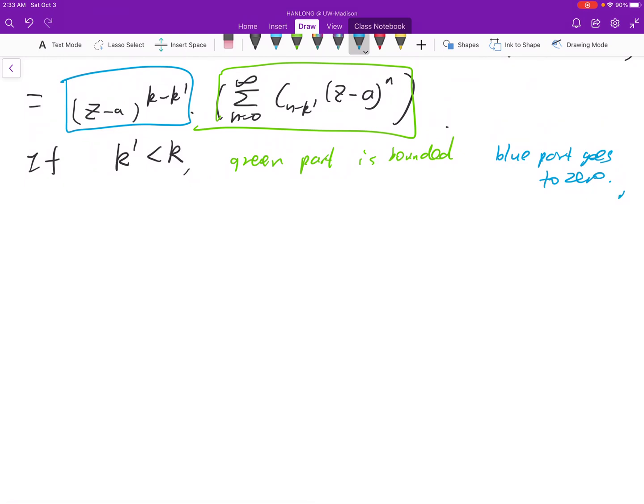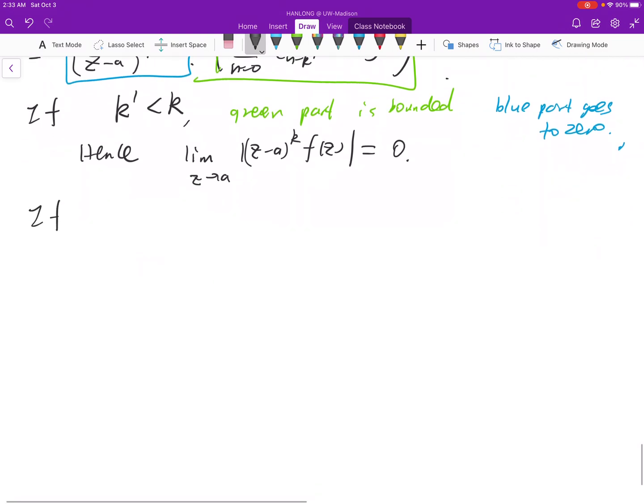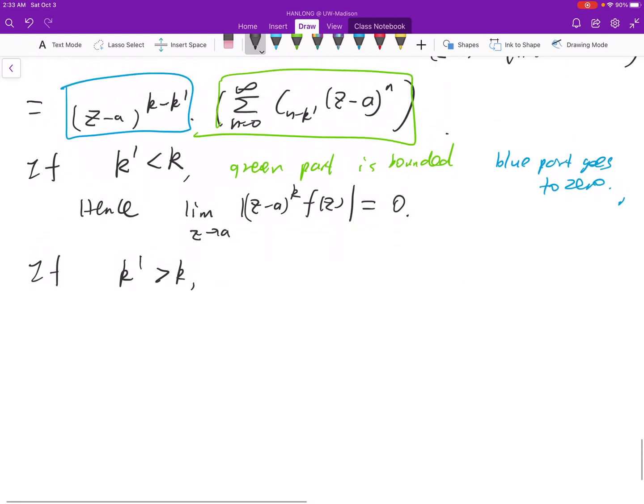Hence, the limit is 0. And if k prime is greater than k, then the green part has the argument as before.